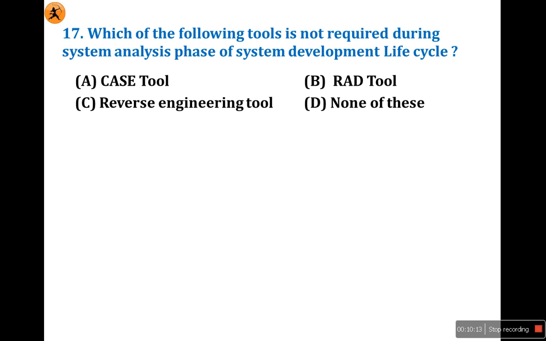Which of the following tool is not required during system analysis phase of system development life cycle? Case tool, RAD tool, reverse engineering, none of these. For this question, this is also one of the direct questions. Case tool. Case is computer aided software engineering tool. It is not used in system development life cycle.